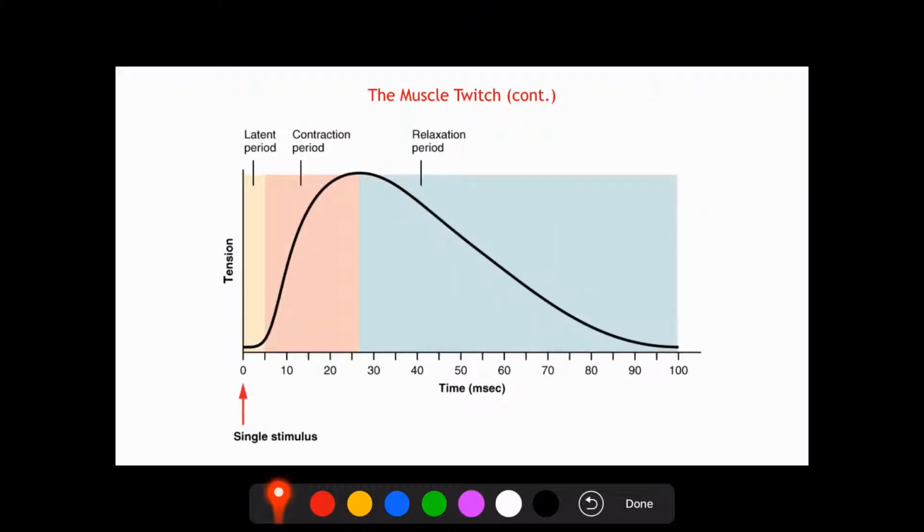So the muscle twitch, in general, we can break into three areas. There is the latent period, there is the contraction period, and there is the relaxation period.